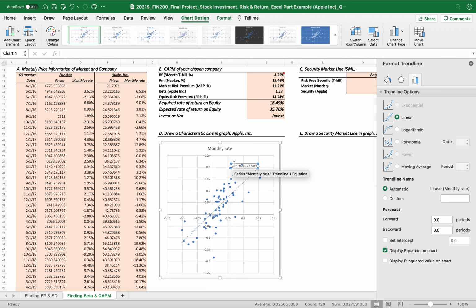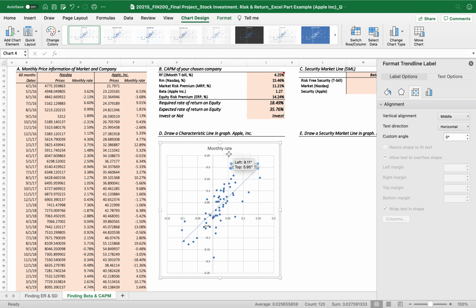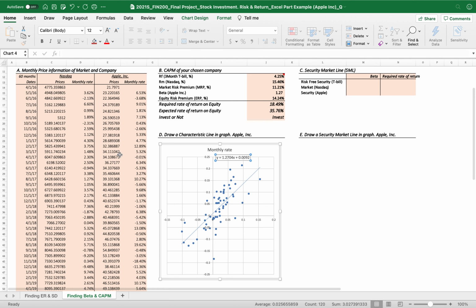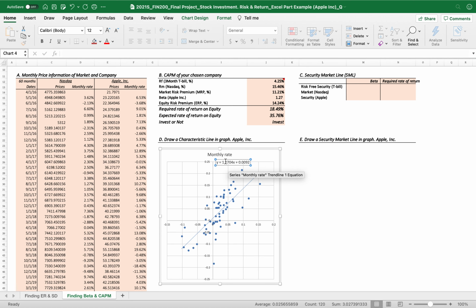As you can see, this equation now shows the characteristic line, the relationship between the market and Apple. This line has the slope 1.27, which is the same as the beta we calculated. Beta, 1.27, exactly the same, right?